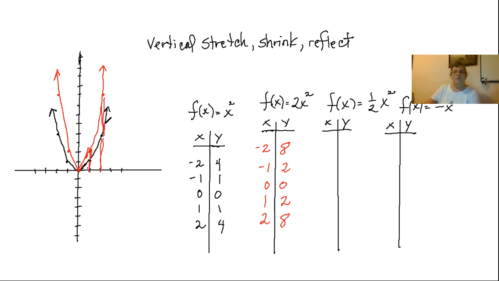This is called a vertical stretch, and it is caused by, after you do the basic function to the x, multiplying it by anything larger than 1.